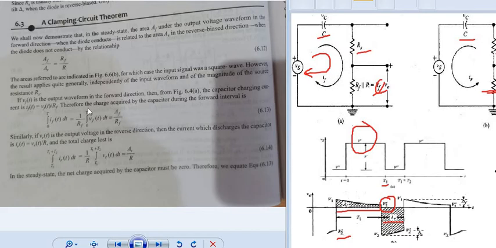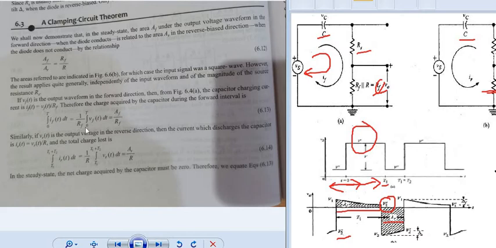Okay, so therefore the charge acquired by the capacitor during this forward time interval can be given as the integration from 0 to t. Which time period am I considering? This one, from here to here. So the integral from 0 to t of IF of t dt is equal to the integral of V by R, and what is the V we have here? The output waveform VF of t, divided by Rf.